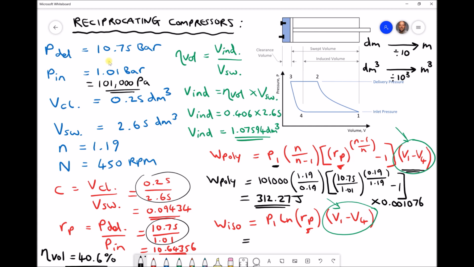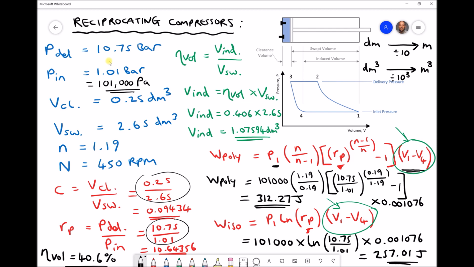Once again, we work in SI units, so our pressure in remains as 101,000, times the natural log of the compression ratio, 10.75 over 1.01, times our swept volume, 0.001076, giving us an isothermal work per cycle equal to 257.01 joules.